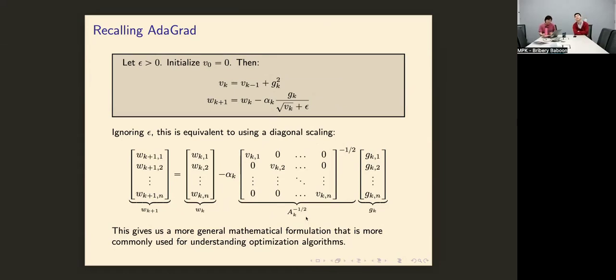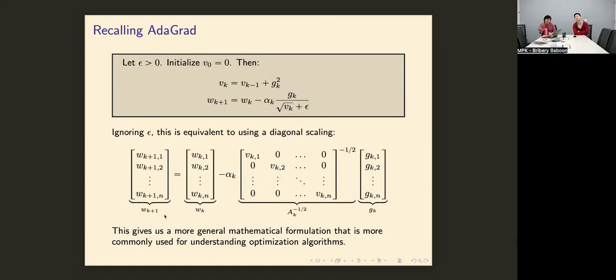Simply because your matrix is diagonal, taking the matrix inverse square root corresponds to applying the inverse square root operation to each of the individual components. Then when I multiply this matrix by this vector, I get the result that I see above. And this is the more general mathematical formulation that we typically think about in the context of designing optimization or training algorithms.